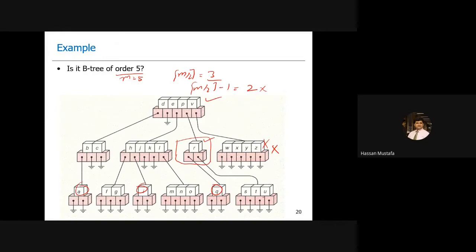I can adjust a few values from here into this node, which means that I would first try to fill this level. I would try to make sure that I do not create a next level when I can adjust values in the upper level. So all these conditions are there to reduce the number of levels in the B tree.